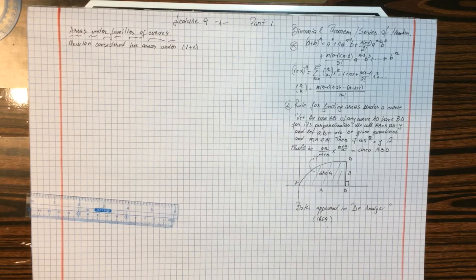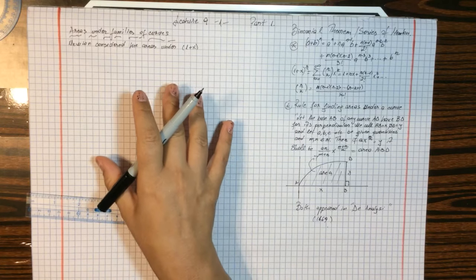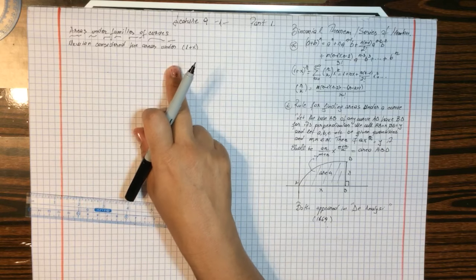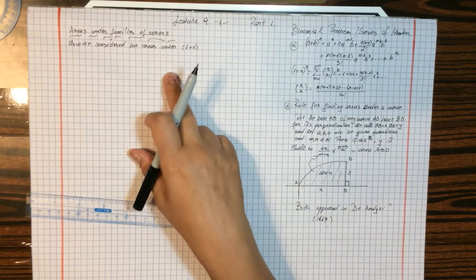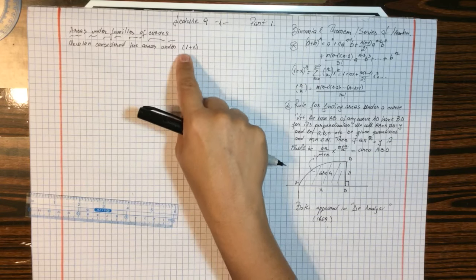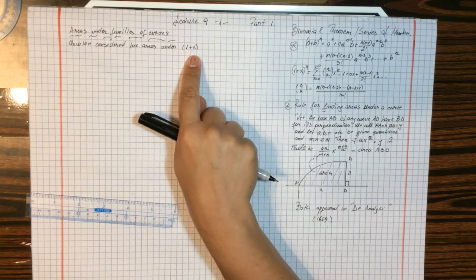And he was interested in the hyperbola. So here we are going to talk about various areas under the curves, where the curves are different integer powers of 1 plus x.